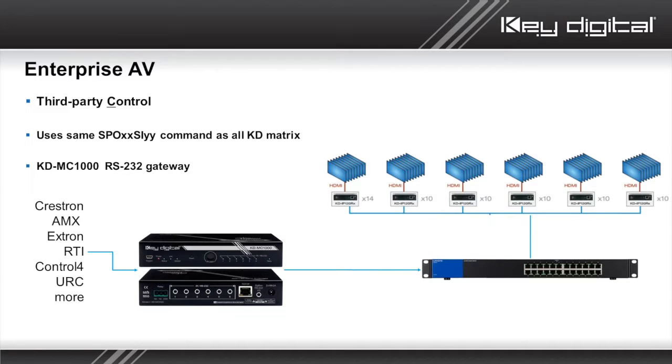That's why the competition limits you to only 1 or 2 options for control via third party, where KeyDigital's enterprise AV says any control system that speaks RS-232 can control us. And in the future, we're also considering some IR method. And in fact, this command that many of you are familiar with, SPO-XX-SIYY, is just one of many commands you could send us, because we recognize that some of you guys have systems installed for greater than 8 years now, perhaps large systems using our MSW 8x4 Pro.